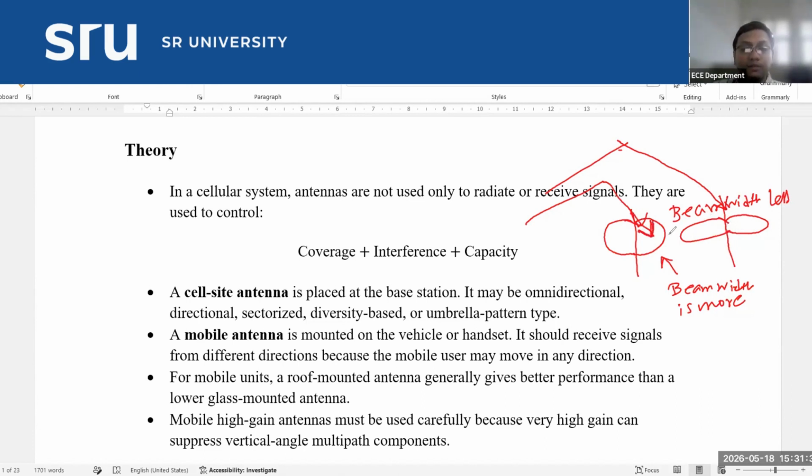So that is why when we plan to use a very high gain antenna in a mobile station, we need to use it very carefully, because when the gain becomes high, the main radiation will be towards the horizontal. So vertically, it won't be able to receive any signal, or the received signal amplitude will be so low that it will be detected as noise. So we must be careful.